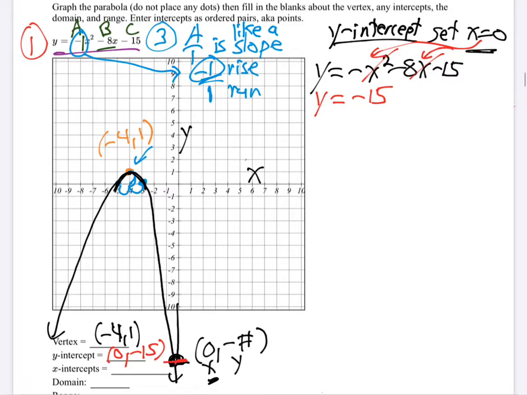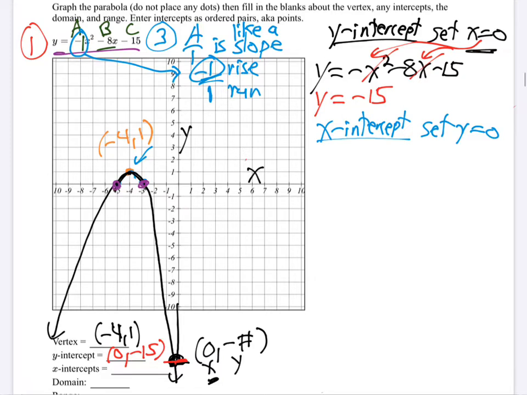Now how do we find x-intercepts? It's just the opposite. Set y to 0. Because for x-intercepts and y-intercepts, you always set the other letter to 0. You can see them right here. Now this one is actually automatically given to us. They're looking at us right there because of my trick of going down 1, over 1.